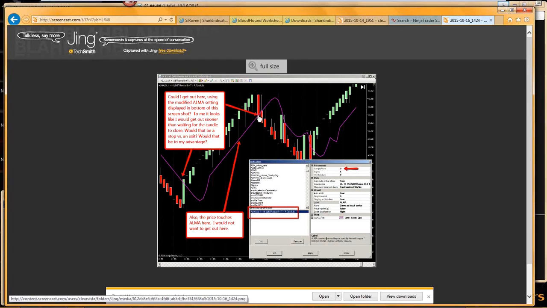So when BloodHound crosses your ALMA indicator, we could generate an exit signal in real time. But keep in mind that also affects your entry signals. They also get generated in real time, so your entry signals aren't going to wait for the bar to close. That calculate on bar close function affects the indicator and the strategy as a whole.